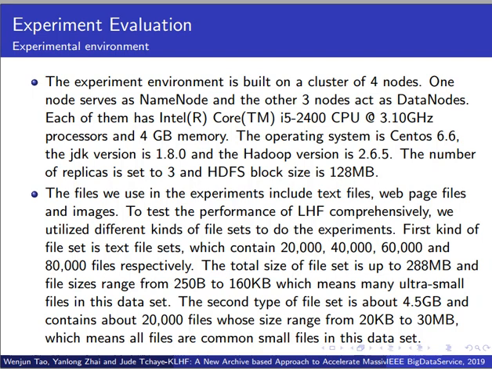The second type of file set is about 1.5 GB and contains about 20,000 files whose size ranges from 20 KB to 30 MB, which means all files are common small files in this data set.